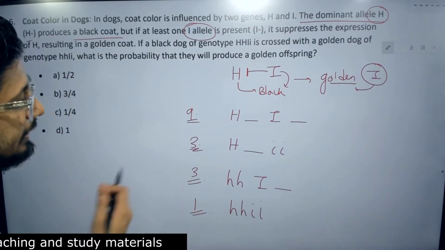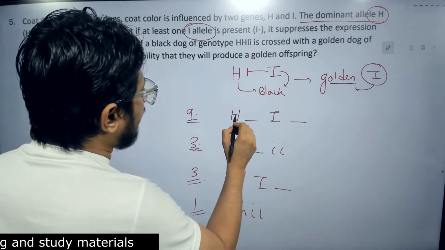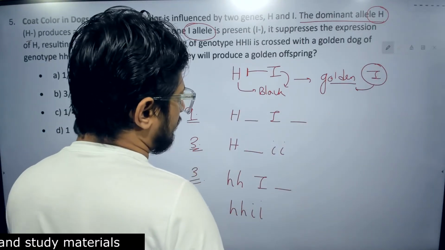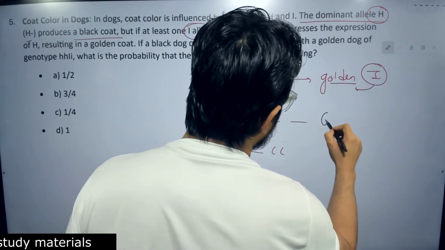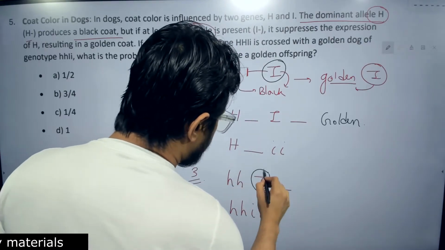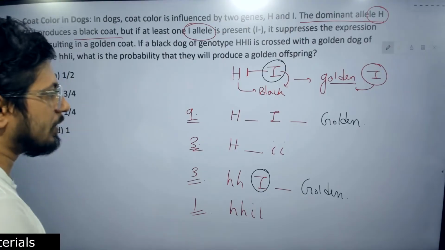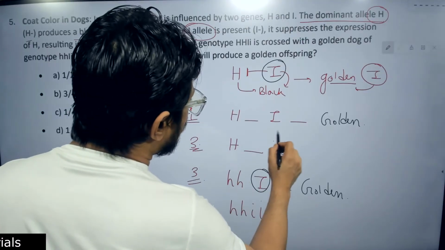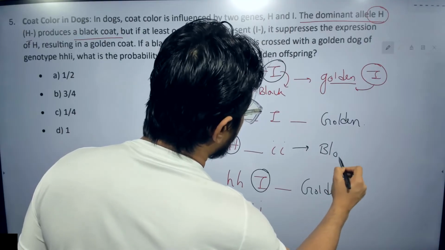Now from this gene interaction, what we need to know is this: where capital H and capital I both are present, what will be the color? If I is there, it causes golden, so golden. And if there is no capital I, then only capital H shows its impact, that is the color black.